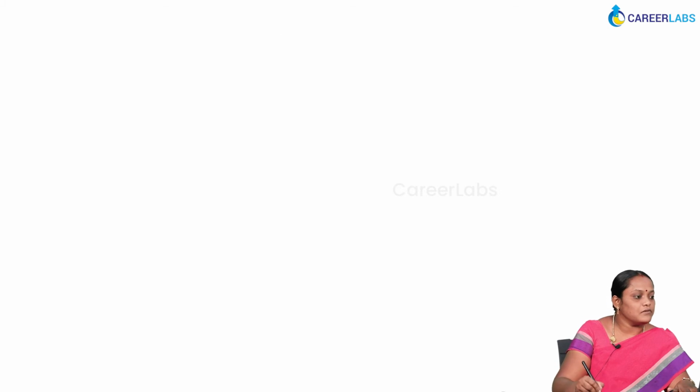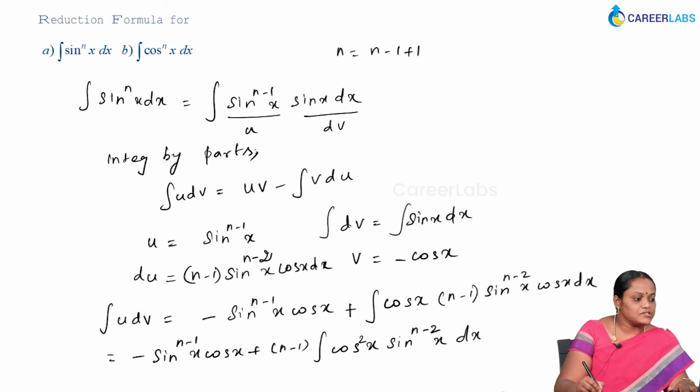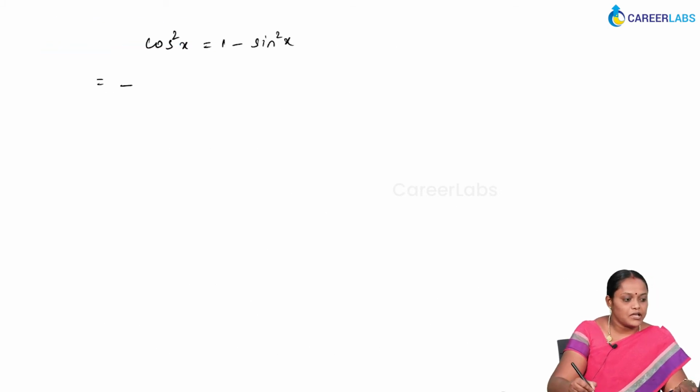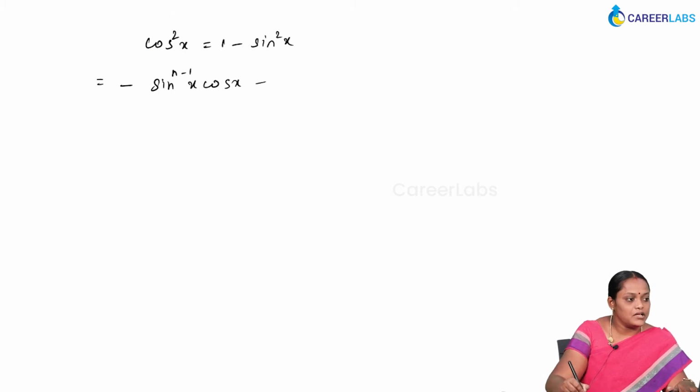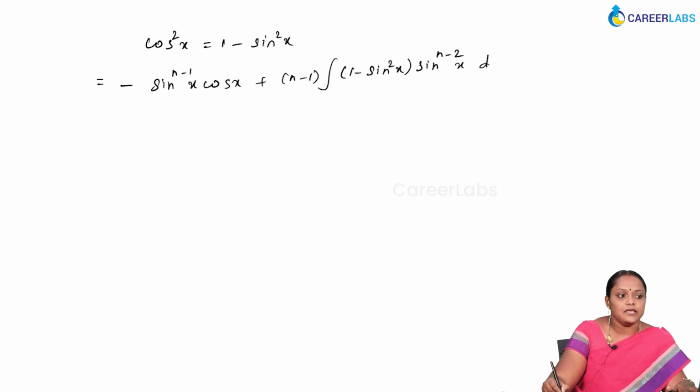So this will be equivalent to, let us take the previous expression, that is minus sin^(n-1) x into cos x plus n minus 1 integral, instead of cos square x, it is 1 minus sin square x, sin^(n-2) x dx.